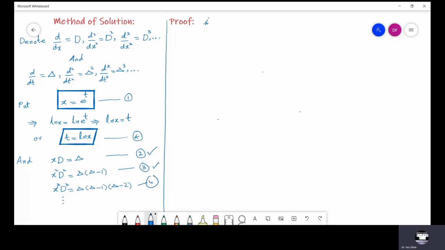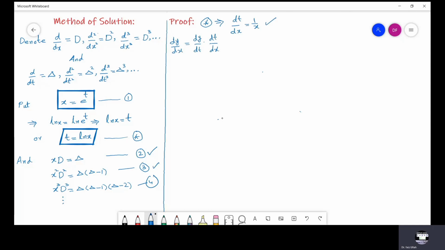From equation number star, by differentiating both sides with respect to x, we have dt/dx = 1/x. Now let us use the chain rule to get the value of dy/dx, which is equal to dy/dt times dt/dx.